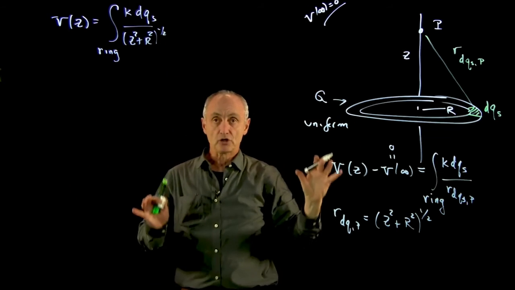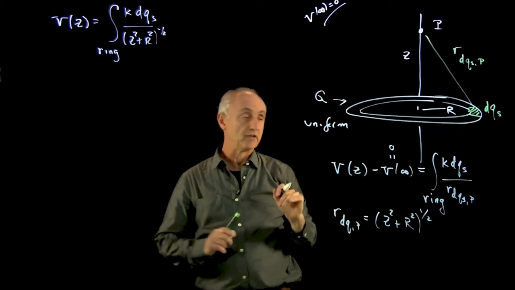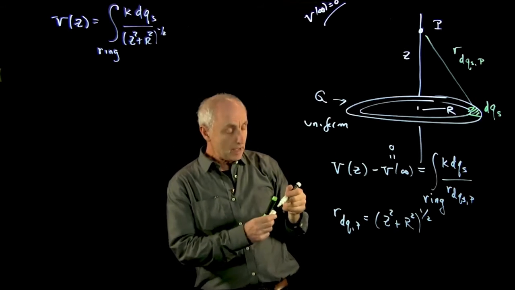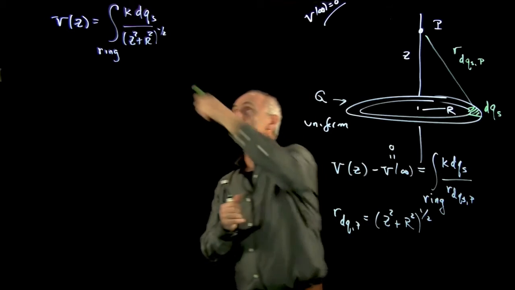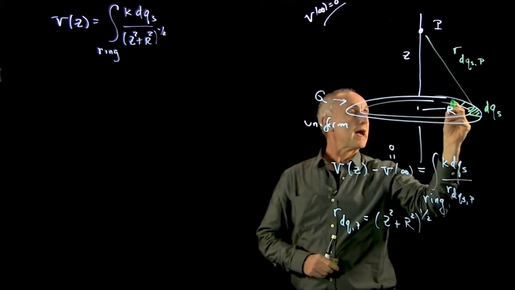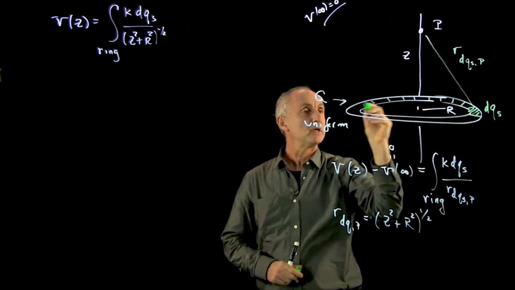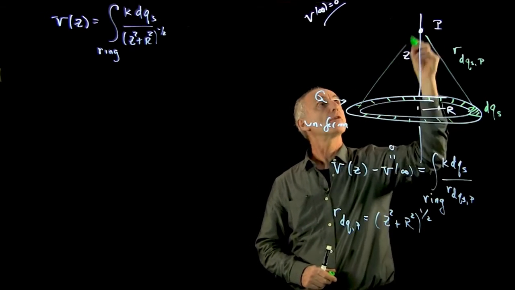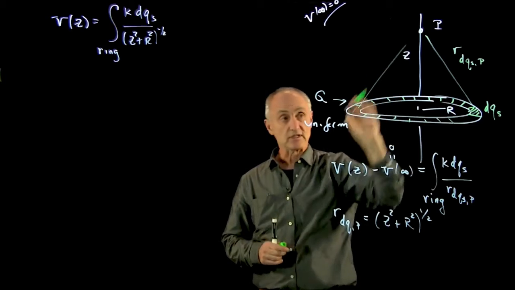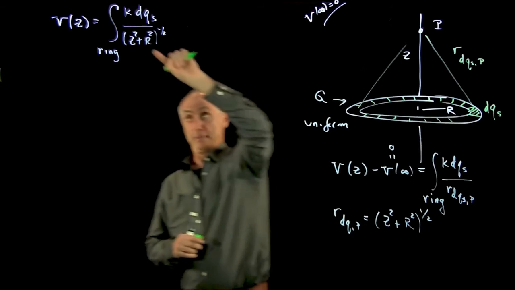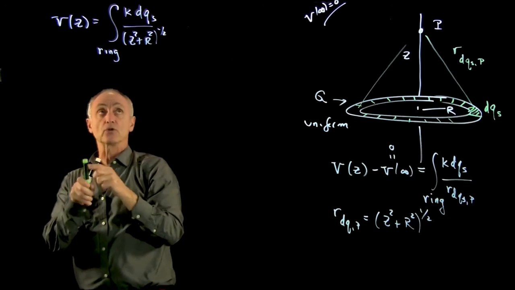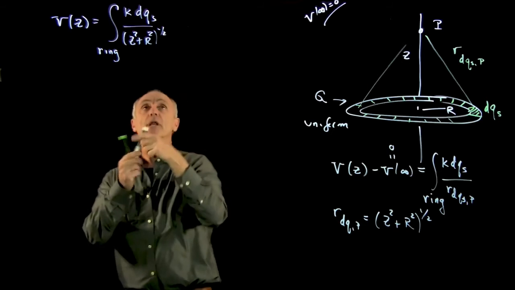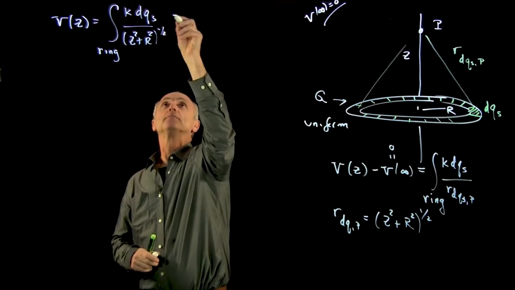Remember, potential function is a scalar. It's not a vector. Now, as we go around the ring, what is our integral? Well, we're just adding up all these pieces as we go around the ring. And notice that every part of the ring is the same distance to the field point. So the quantities in this integral, k and the denominator, pull out of the integral.